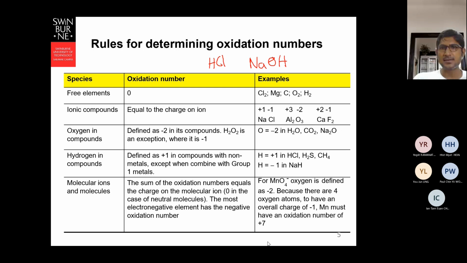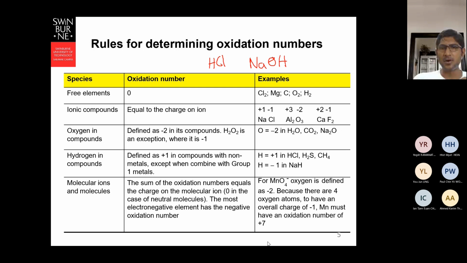So positive X plus -2 times 4, for 4 oxygen atoms, is equal to -1, because the whole ion is carrying one negative charge. If I solve this equation, the oxidation state I find for manganese is X equals +7.